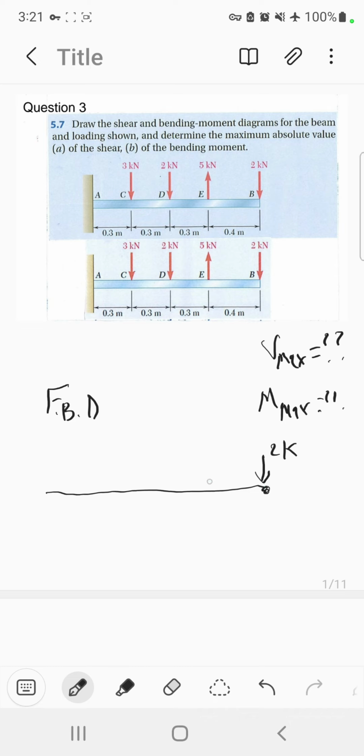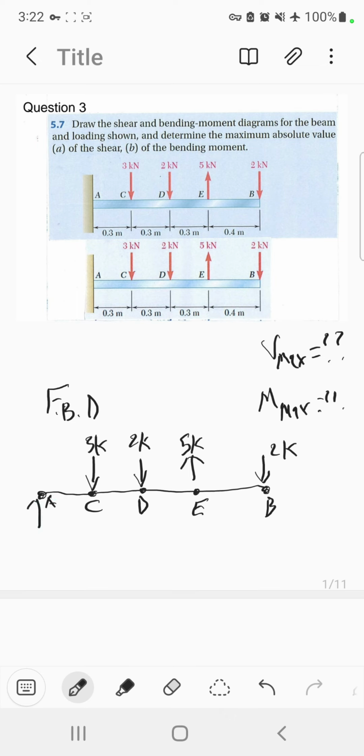This is B. This is E. This is D. This is C. This is A. So B, E, D, C, and A. Okay, this one is 5K. This one is 2K. And this one is 3K.